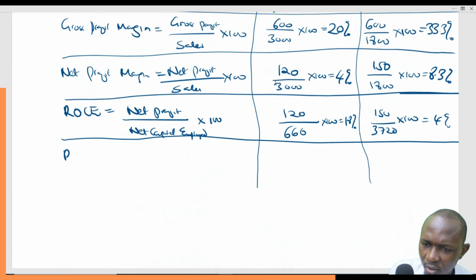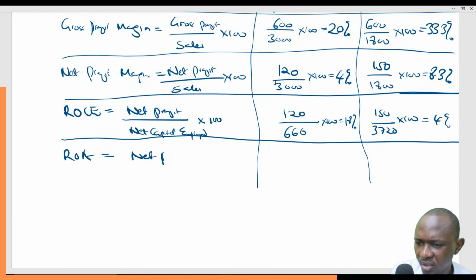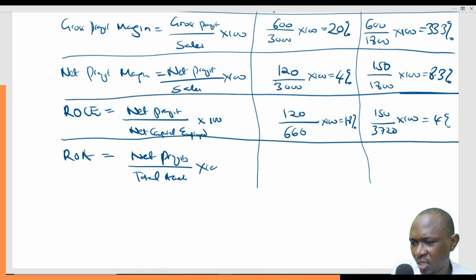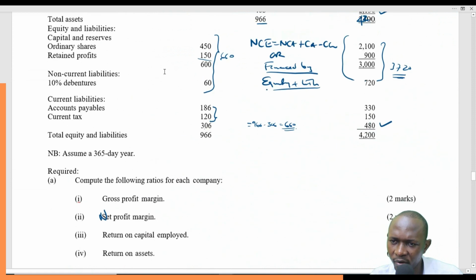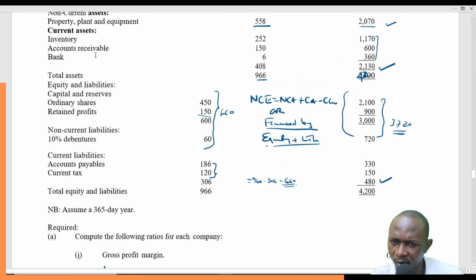Return on assets is again net profit, but this time over total assets times 100. So net profit, this is 120 over total assets. For this one, I think this has already been worked for us. This is plus that.